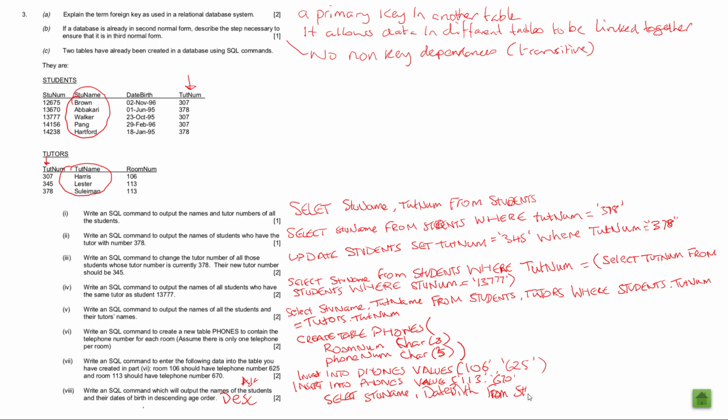So from the table students, order by date birth, DESC at the end. That's probably what I would do.